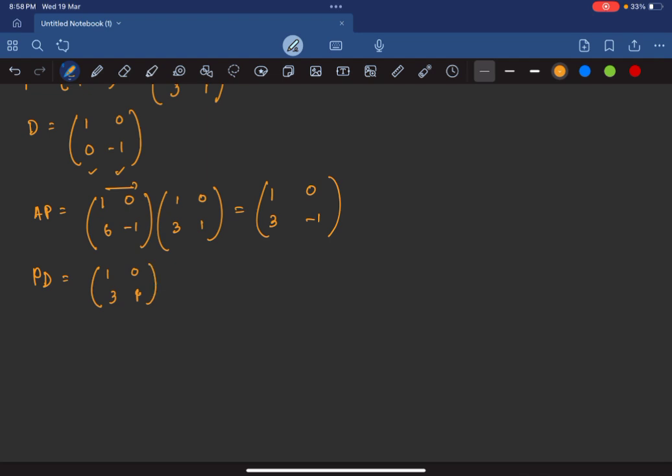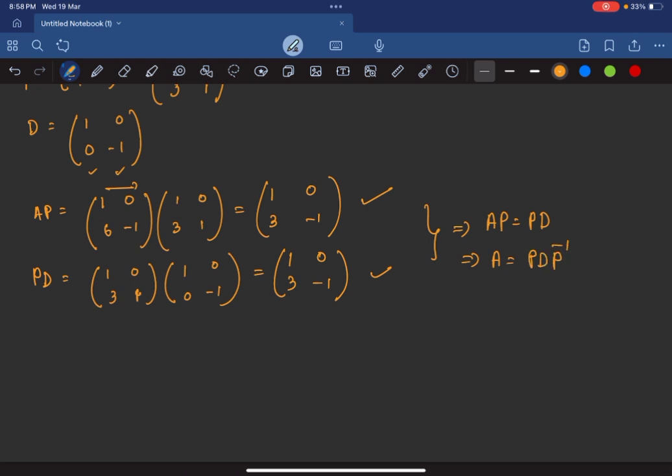P is 1 0, 3 1, and D is 1 0, 0 minus 1. Do the calculation. So here you have 1, 0, 3, minus 1. Just see, this is AP, this is PD. So from here you can draw the conclusion that AP equals PD. So from here A equals PD P inverse, by post-multiplication with P inverse. So you can say that A is similar to D. That means A is diagonalizable.